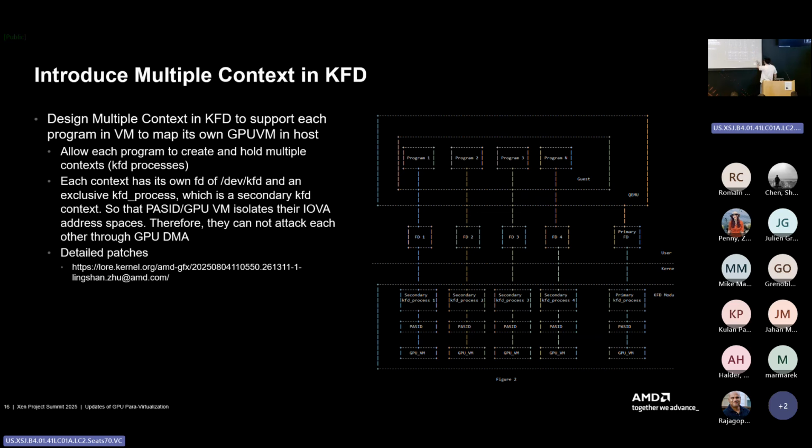With this new design, even processes inside the virtual machine can each own one GPU VM on the host side. They can isolate successfully, and they won't attack each other. So this is the new change and design.